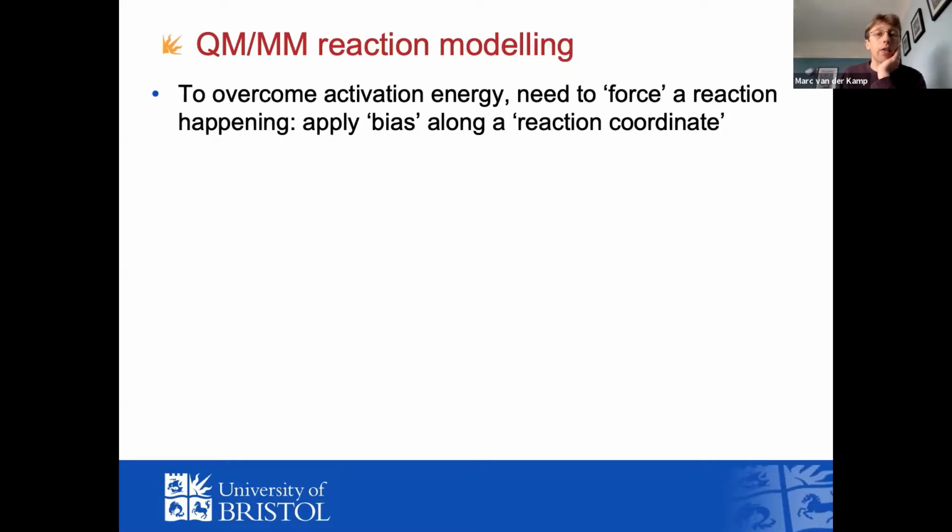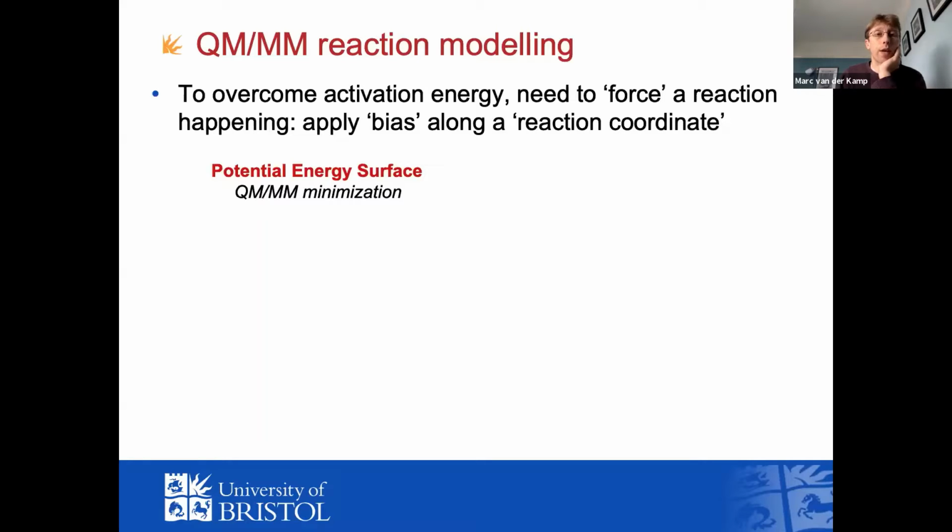Okay, now I'd like to mention two key different approaches for QMM reaction modeling that's kind of independent of the method or software that you use, and we'll be using both approaches during the practical.